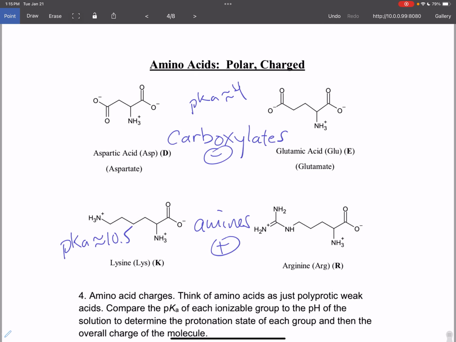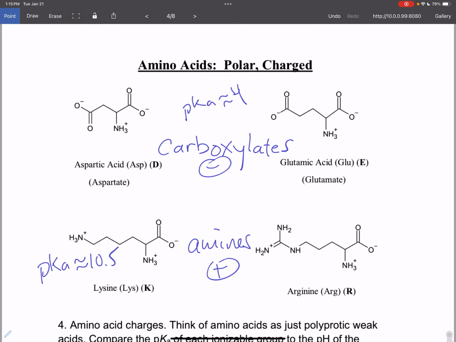Then we left off on this page talking about the polar charged amino acids and how aspartic acid or aspartate, and glutamic acid or glutamate, contain a carboxylate side chain. The pKa's of those are about 4 or so, again within that expected 2 to 5 range. That left us with the last two we looked at, lysine and arginine.